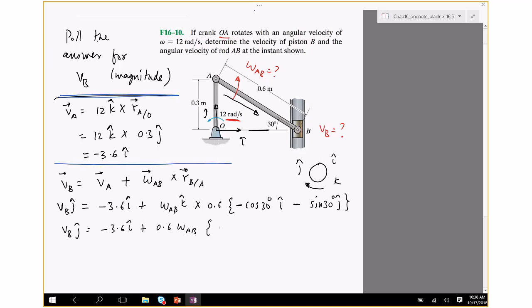So cosine 30 is 0.866. K cross I, as I've shown over here, K cross I is J with a positive sign. And then sine 30 is 0.5. K cross J is, I need to go clockwise to go from K to J. So that's going to be negative I. So this is positive.